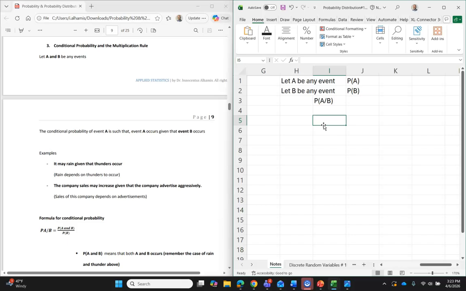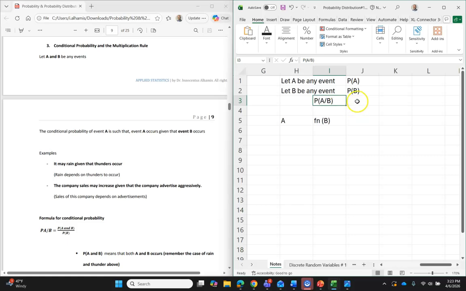As I said, in this case, we are looking at events that are related, and especially when one event is a function of the other. So, for instance, if A is a function of B, in other words, if A depends on B to occur, then we can write the probability of A to occur given that B occurs.